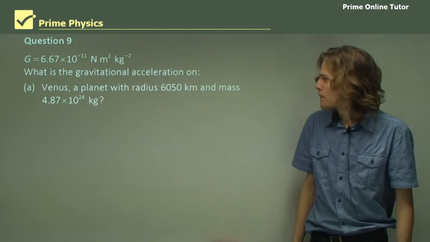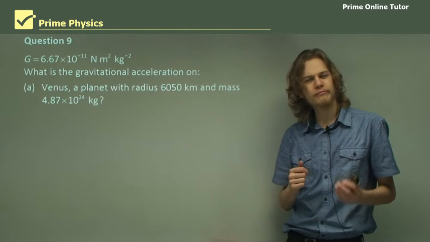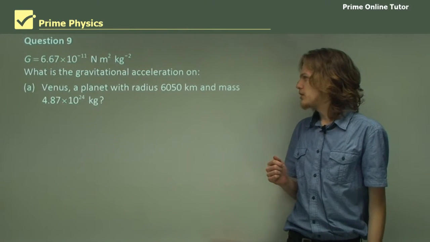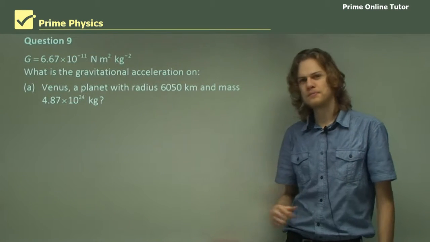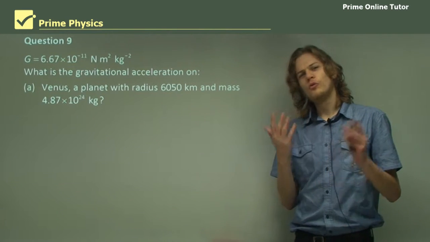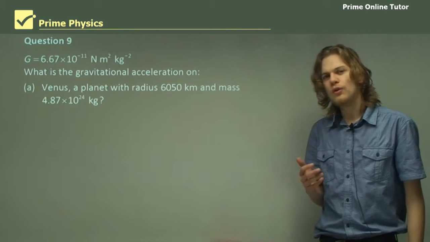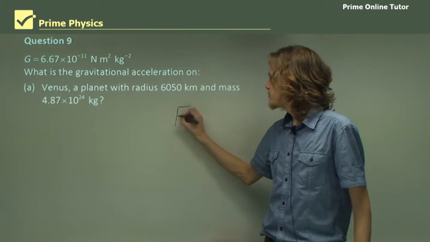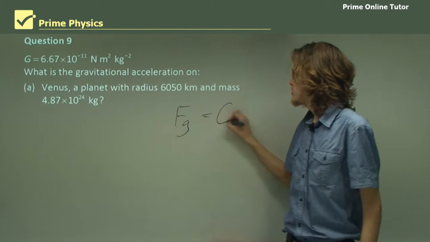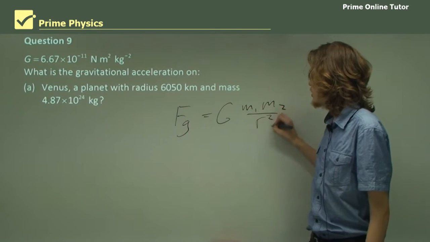Question 9. Here's the value for the universal gravitational constant. What is the gravitational acceleration on Venus, a planet with this radius and this mass? Now, what's the formula for gravitational acceleration? We know that the formula for gravitational force is F equals G m1 m2 over r squared.